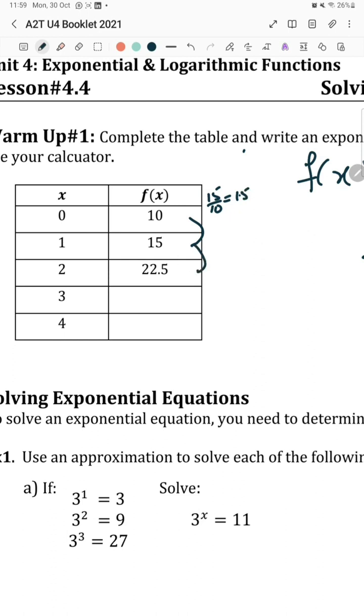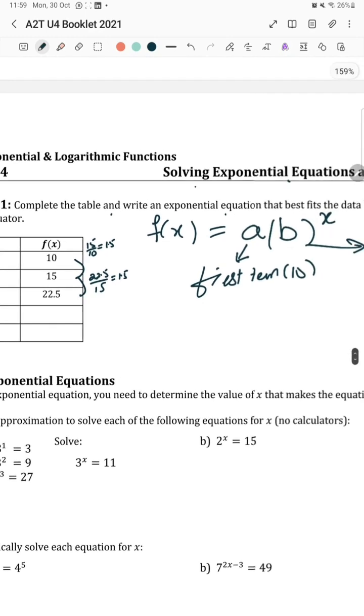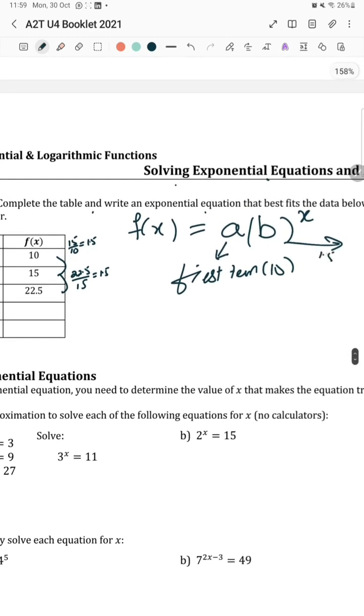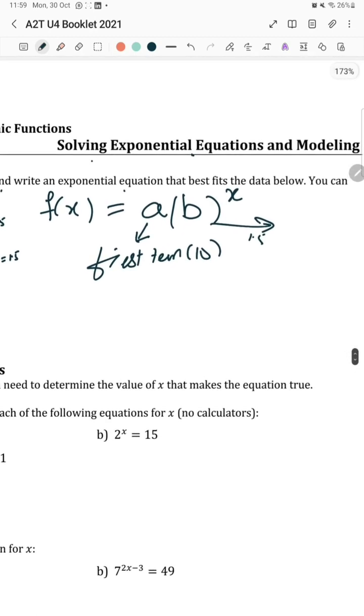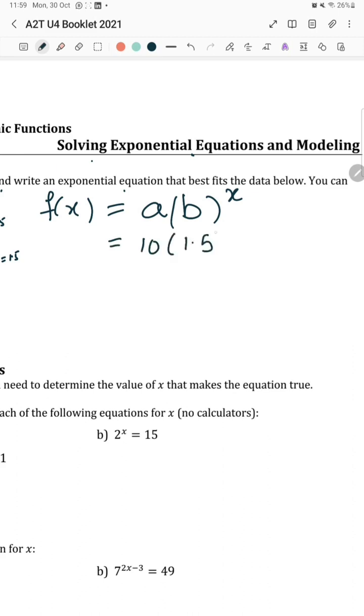Between 22.5 and 15 it's 22.5 divided by 15, which is equal to 1.5. So b will be 1.5. So writing this in the form f of x is equal to a, which is 10, b, which is 1.5.